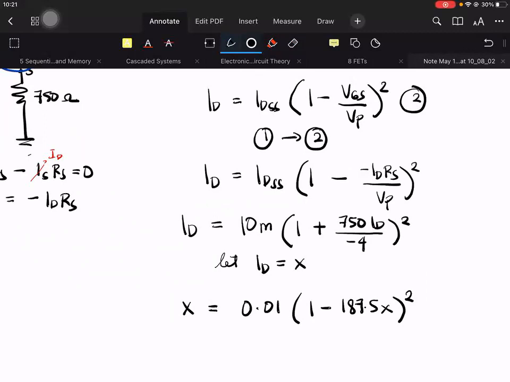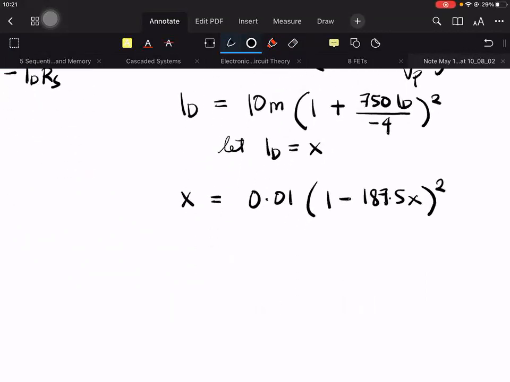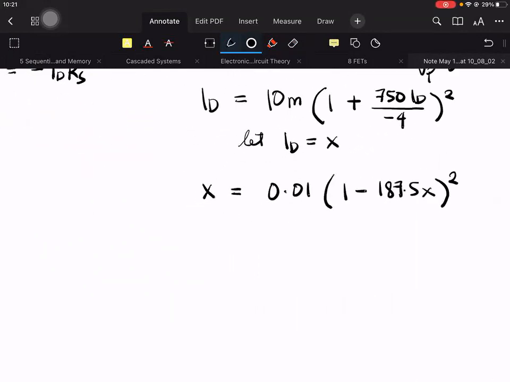At this point, algebra takes over. If you've forgotten algebra, that's fine, you can review it while solving this problem. Expand this one. I hope you still remember how to expand a binomial.